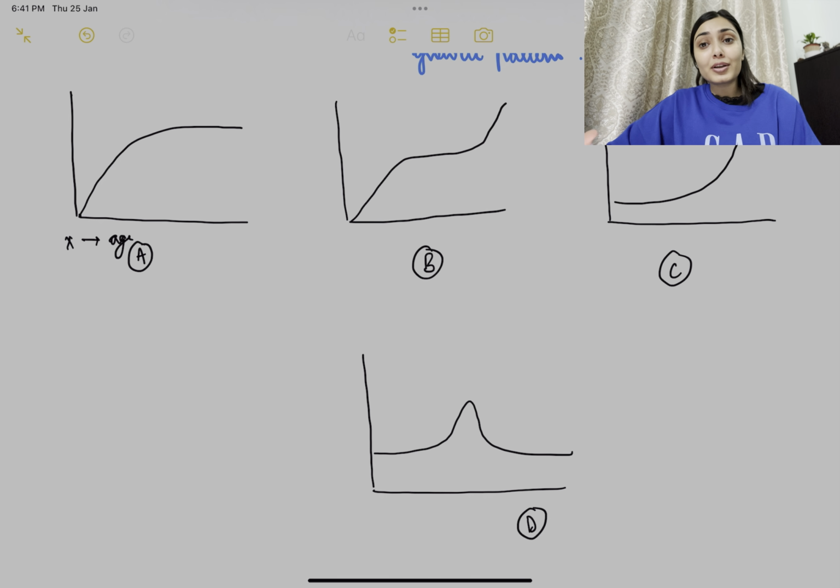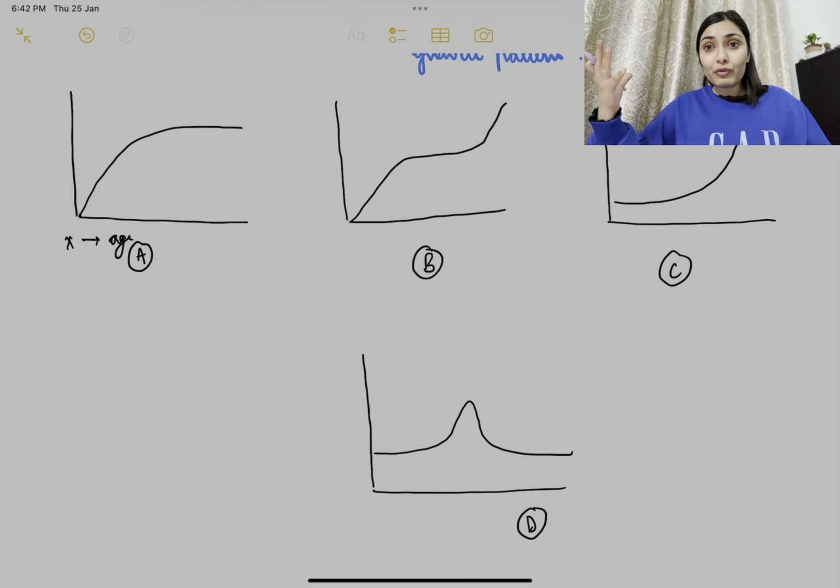Firstly, let's talk about graph A. Can you notice in this graph, initially there is very rapid growth, very rapid growth in the initial period of life, and thereafter little to no growth. There's a plateau. This represents our neural growth. The majority of the development of our nervous system happens in the initial years of life, and thereafter there is little to no growth.